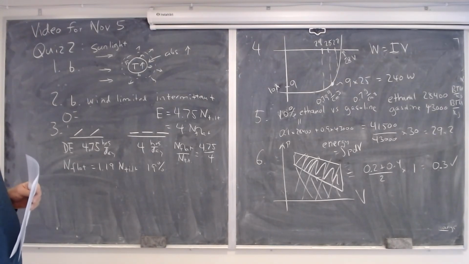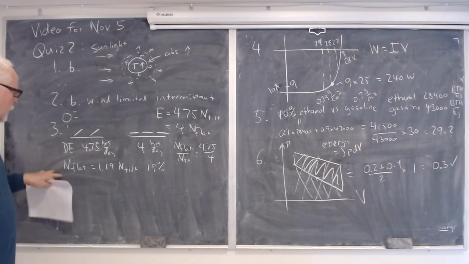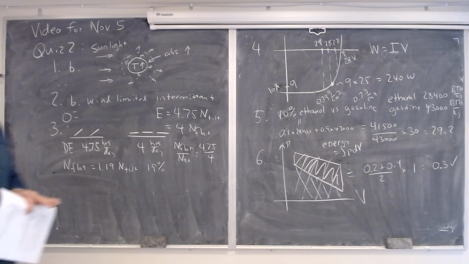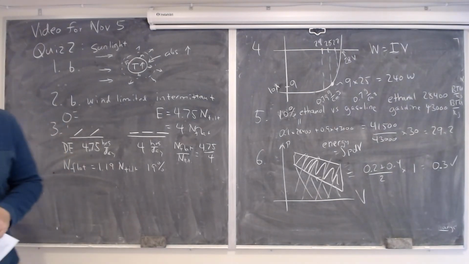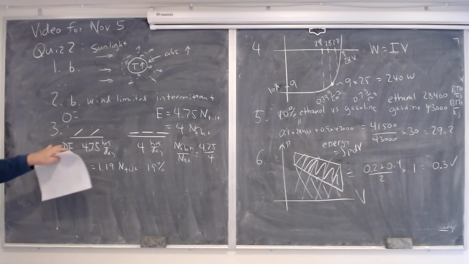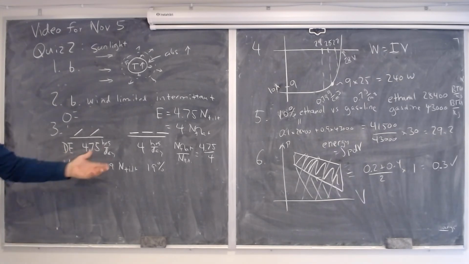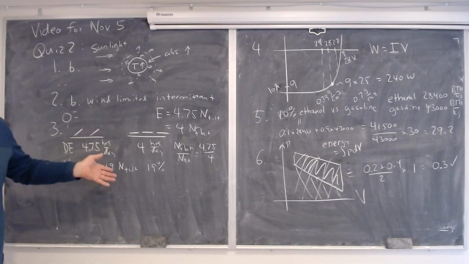I guess of all of them, I like problem 3 because it's kind of a real problem that, as a worker in the field, you might be faced with at some point, which is a client basically wants to put in a solar array and has a flat roof, and so wants to go through a couple of configurations and determine, well, how much energy would he be getting with each configuration?